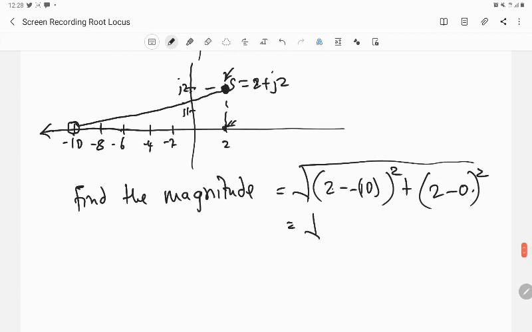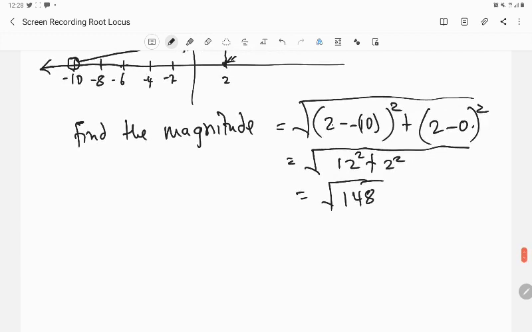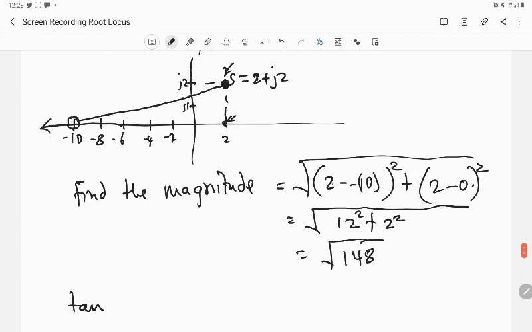So that will be the square root of 12 squared plus 2 squared, that is the square root of 144 plus 4, that's 148.